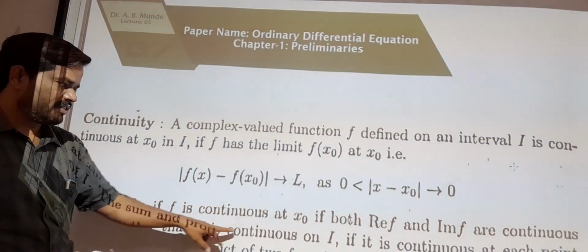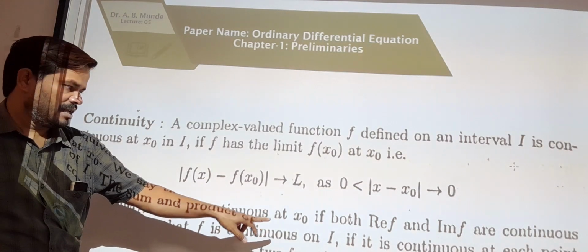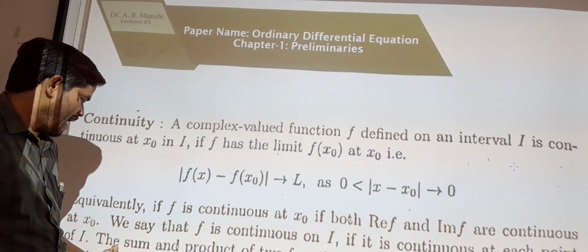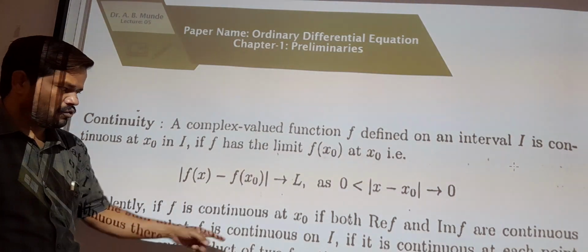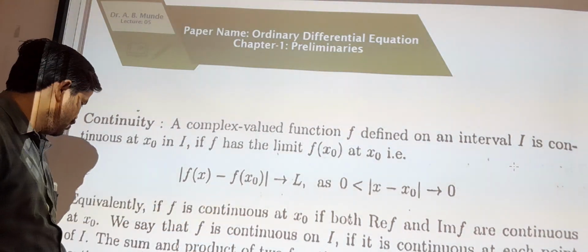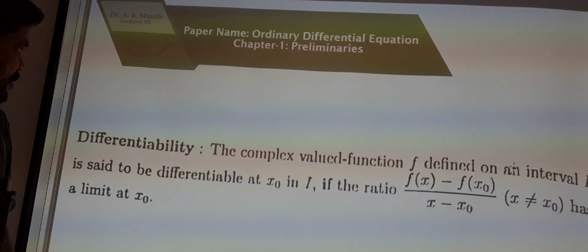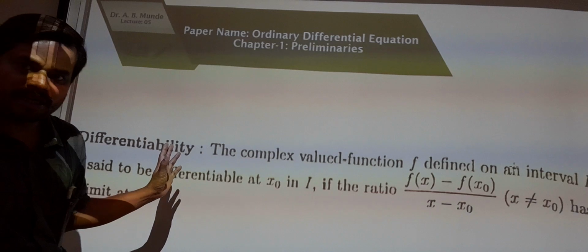We say that f is continuous on an interval I if it is continuous at every point of the interval I. The sum and product of two functions which are continuous at x0 are continuous. So this is again the definition of continuity.